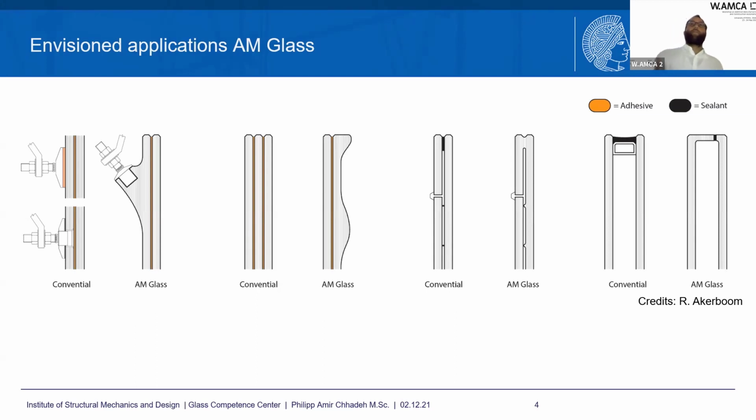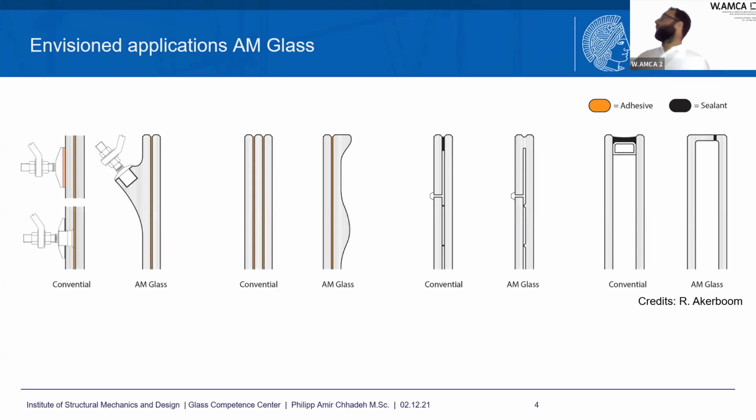The other issues are aging effects, weakness against UV, or humidity. With boreholes, it's always difficult to drill a hole into a glass plane, and afterwards you have to heat strengthen it. It's a difficult process.